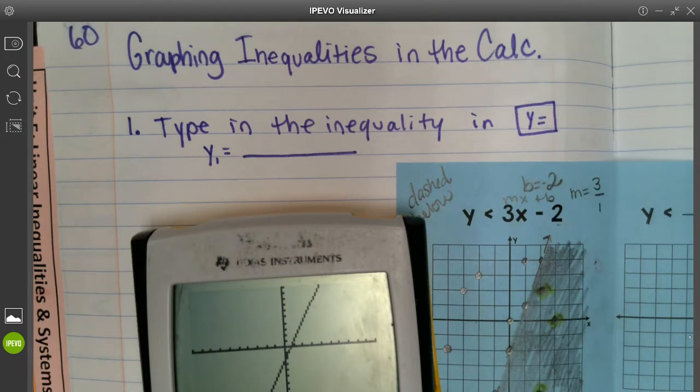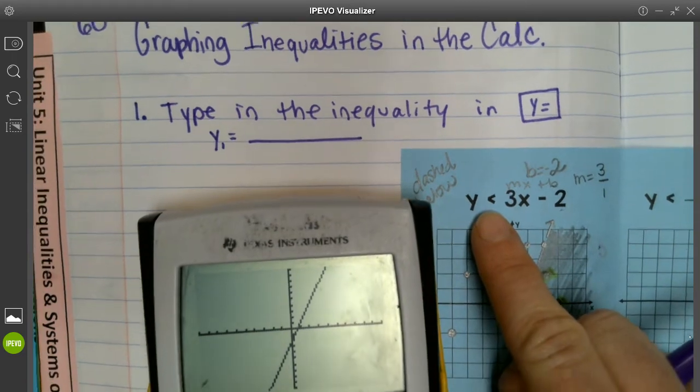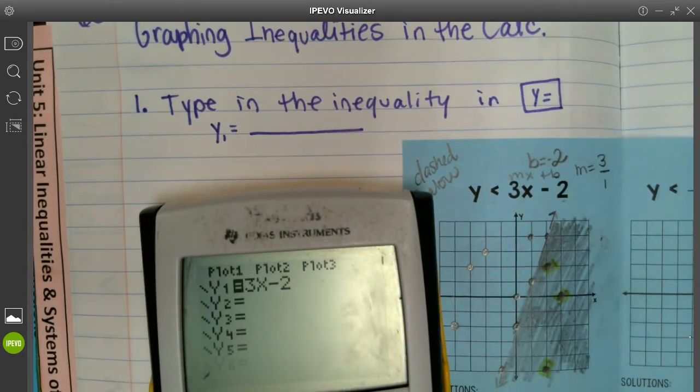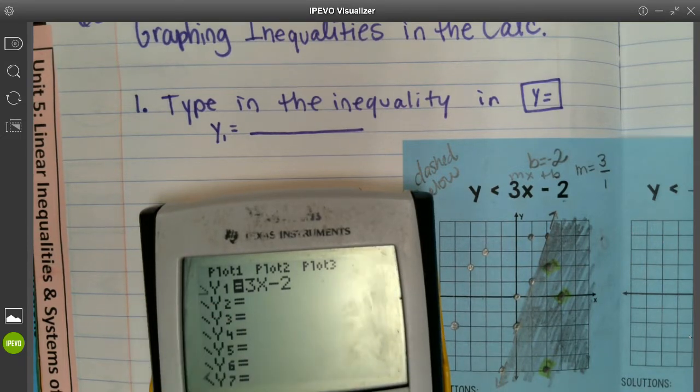But what I want to do is make sure that it plots the inequality too. So this is a less than. Go back to y equals where we put it in, and arrow over, so move the cursor over to the front of y equals. Push enter to change that.